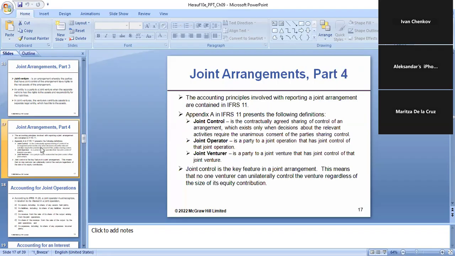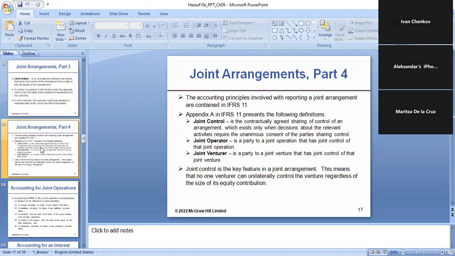The accounting principles for reporting joint arrangements are in International Financial Reporting Standard 11. There you can find what joint arrangements are, what joint control is, what a joint operation is, and what a joint venture is.